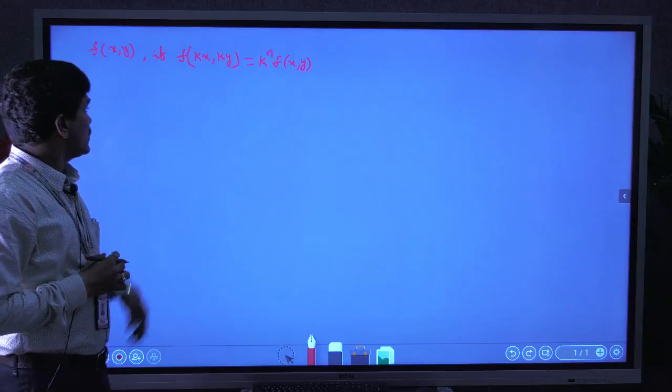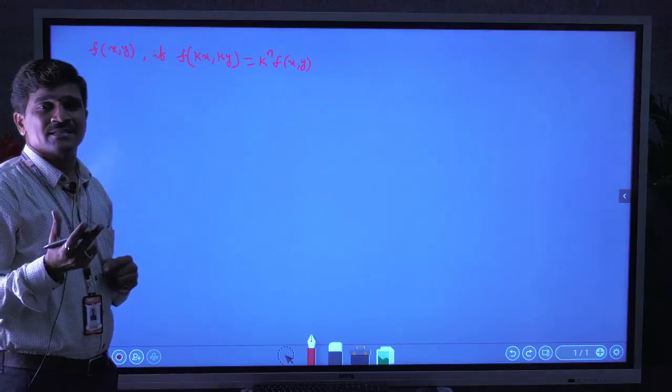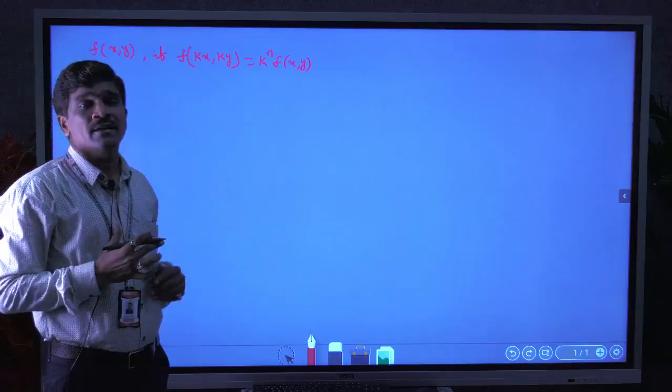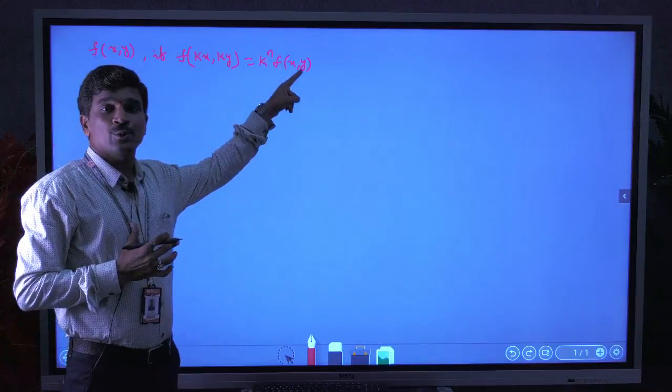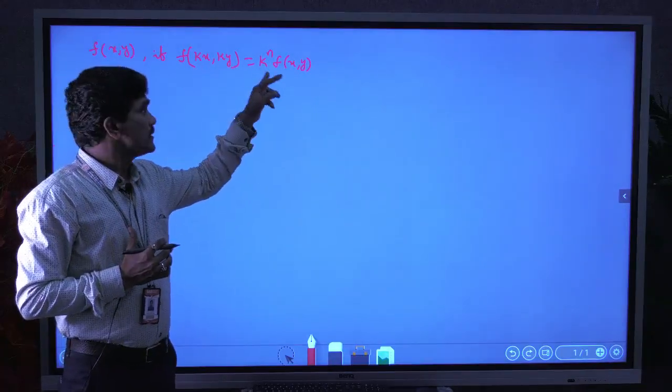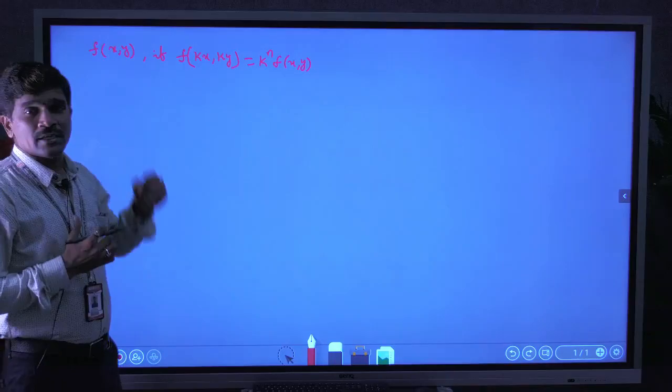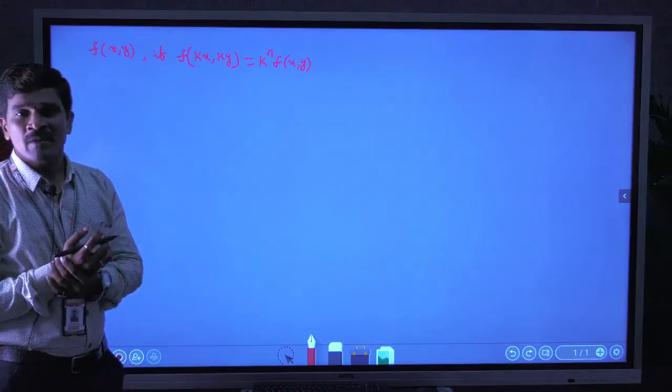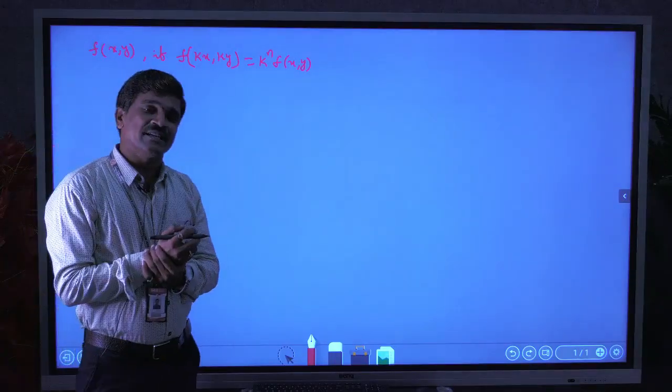So in the given function, replace x and y with kx, ky, then we get k power n into f of x comma y. In this case the function f of x comma y is called a homogeneous function of degree n.